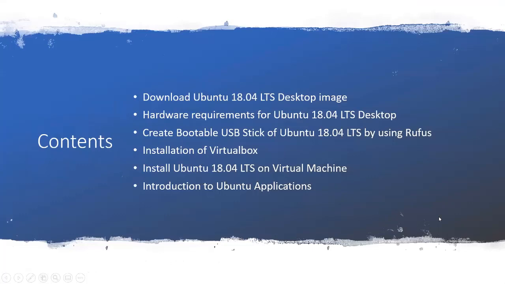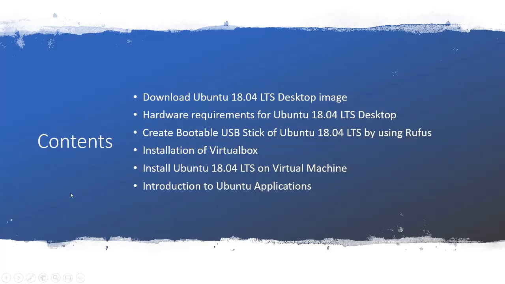The content of this presentation is how to download the Ubuntu 18.04 LTS desktop image. Then the hardware requirements for Ubuntu 18.04 LTS desktop, that means what type of hardware we need to install Ubuntu. Then we will see how to create a bootable USB stick of Ubuntu 18.04 LTS by using Rufus software.